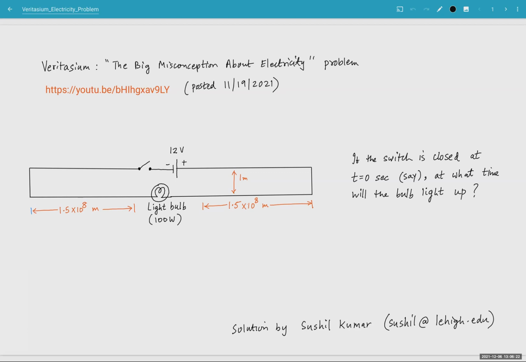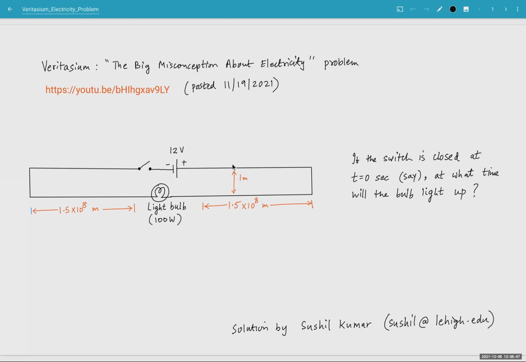So the problem states that we have a battery, a DC battery. In this case, I am taking it as 12 volt, and it's connected to a switch. And a circuit is made in which the wires extend to a hypothetically very far distance. In this case, it's 150 million meters, which is the distance light would travel in half a second.